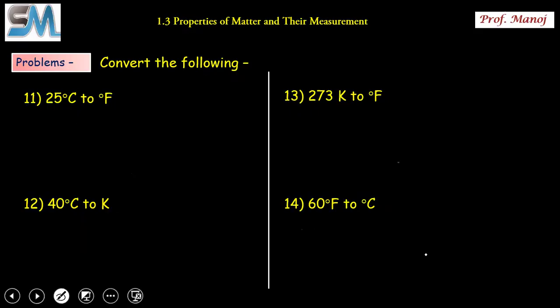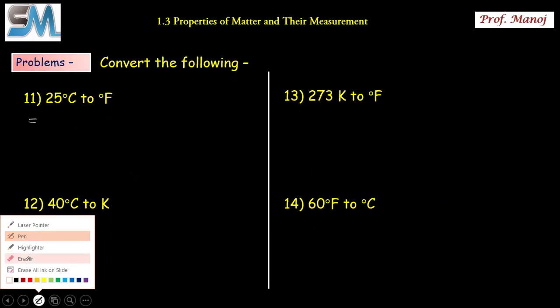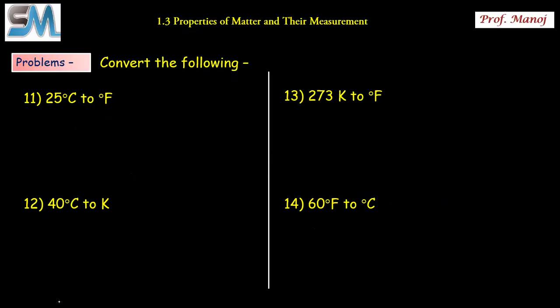Going with further more conversions now from the temperature section. So we have Celsius to Fahrenheit conversion. So how do we write this particular thing? We had the conversion written earlier. Temperature in Fahrenheit is 9 by 5 temperature in Celsius plus 32.